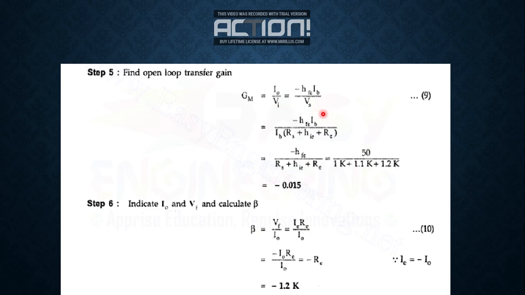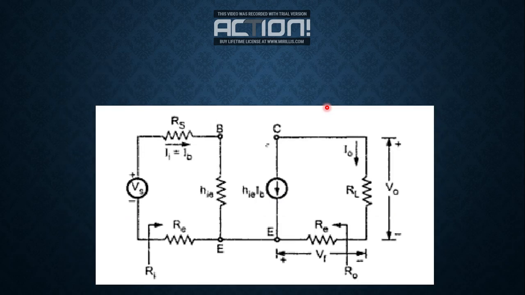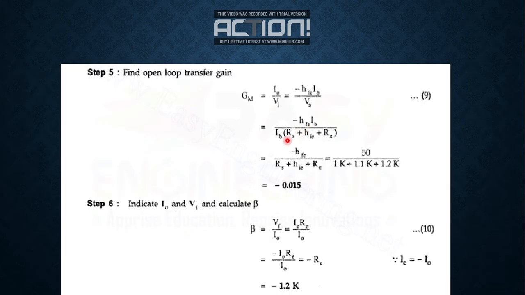VI is nothing but VS, which is the source voltage. Now we have to find the source voltage. For that, we are going to use Kirchhoff's voltage law. If we use this, VS is equal to voltage rise is equal to voltage drop. So that is IB into RS, next HIE plus RE, IB into RE.